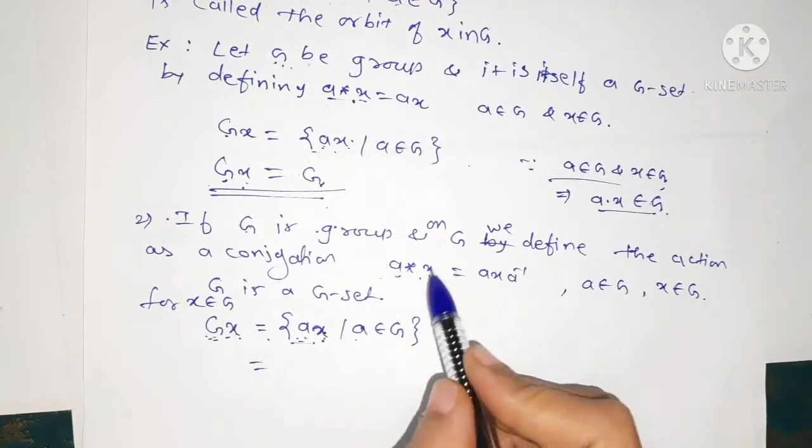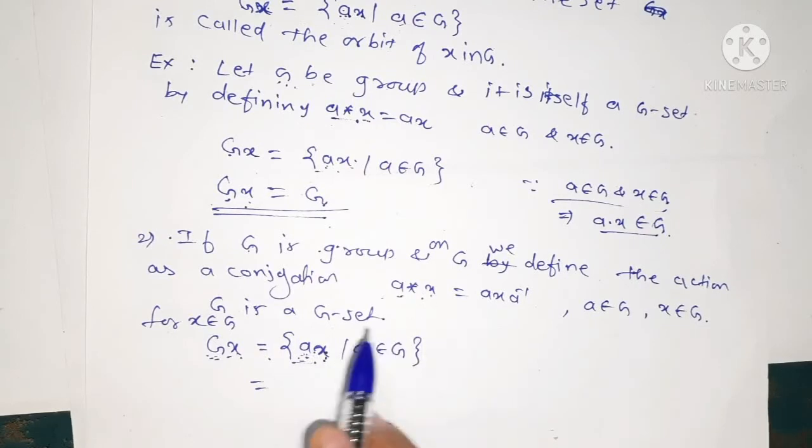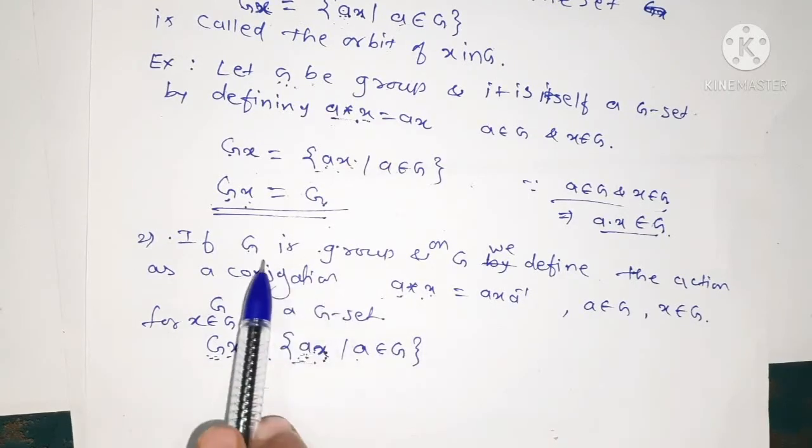Okay, so remember, here we have not defined any operation between a and x. The operation between a and x is nothing but the action defined on a G-set.